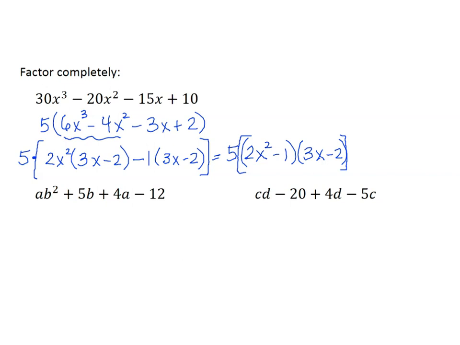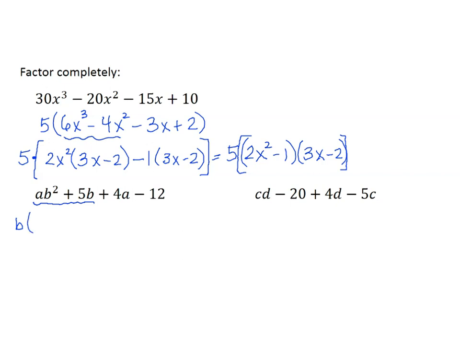Okay, let's try it again. In this next one, there's nothing that I can take out of all 4 terms. So I don't have to do that first step where I factor something out of all 4. But I can factor something out of the first 2. Both of these terms have a b.